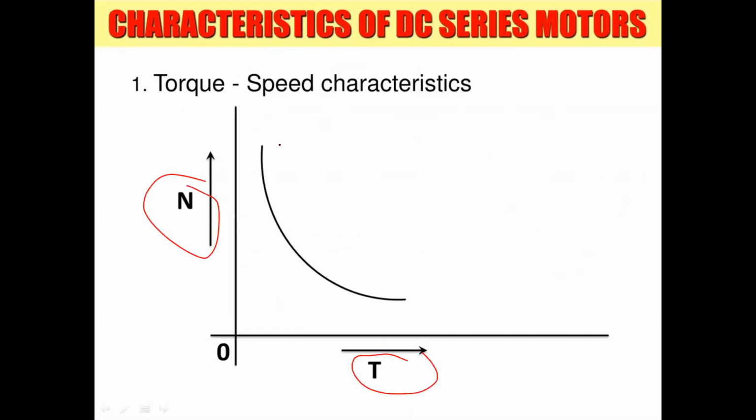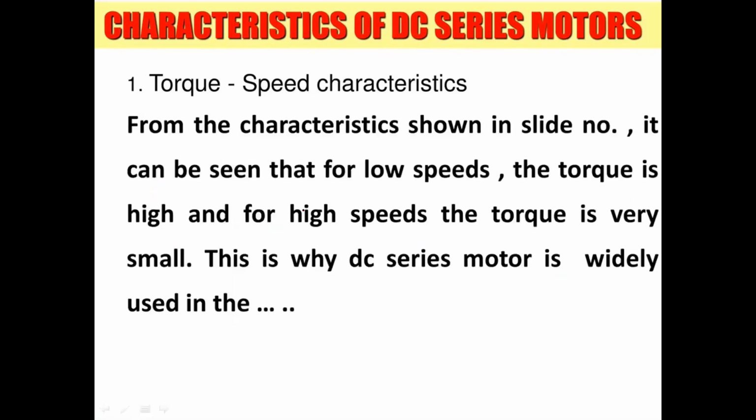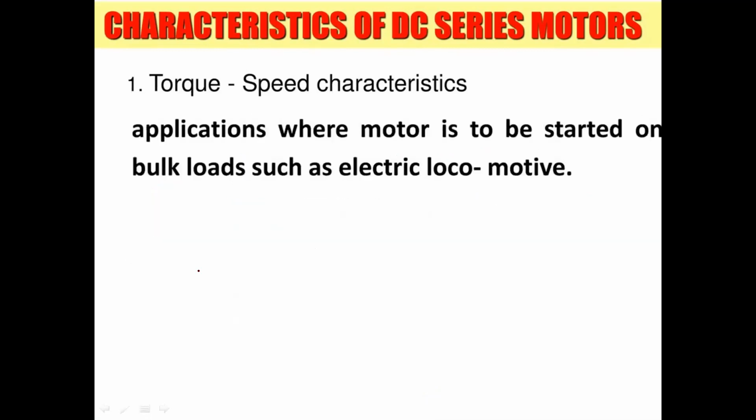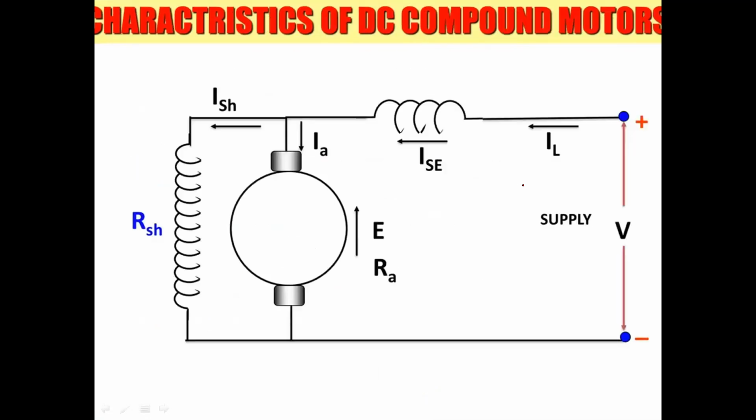From those equations we obtained the speed torque characteristics for the series motor. For low speeds torque is high, for high speeds torque is low. This is why DC series motors are widely used in electric trains, started on heavy loads such as locomotives, meaning electrical engines for electrical trains.